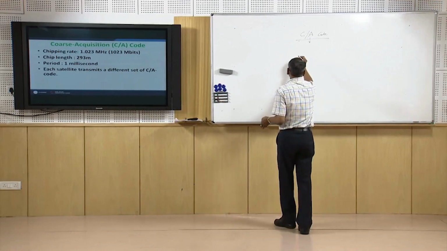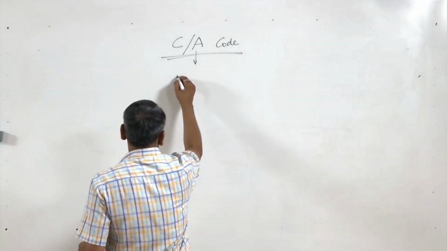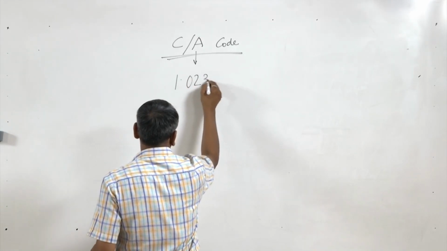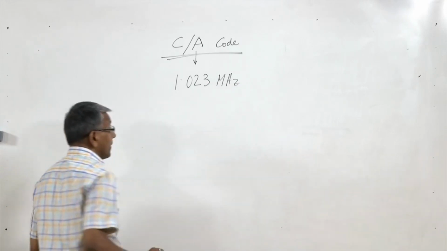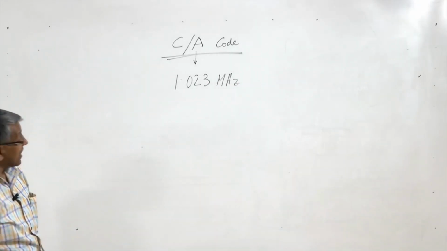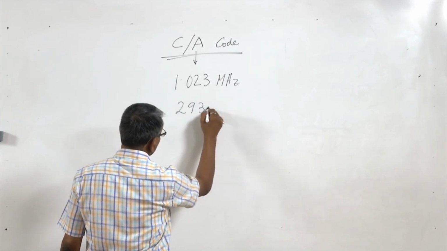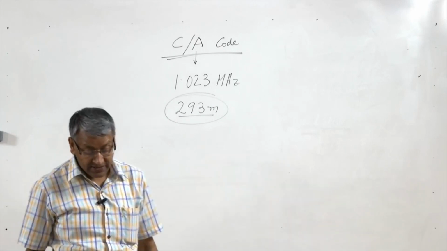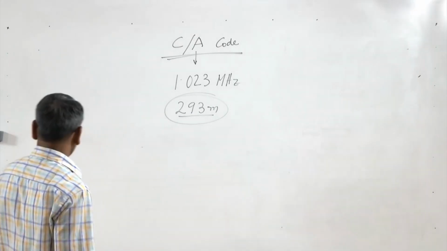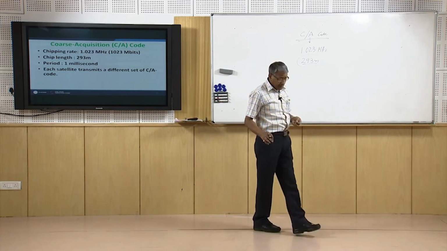Now the chipping rate is 1.023 megahertz, that means 1/10 of what P code is, and its chip length is 293 meter. So this is the raw accuracy that we can achieve using the CA code.